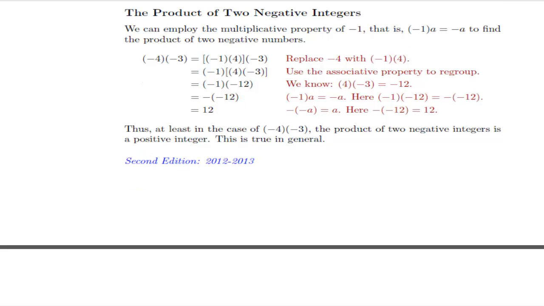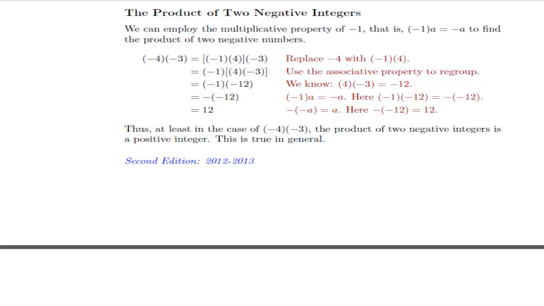The product of two negative integers. We can employ the multiplicative property of negative 1, that is, negative 1 times a equals negative a, to find the product of two negative integers. Negative 4 times negative 3 equals negative 1 times 4 times negative 3. So we replace negative 4 with negative 1 times 4.